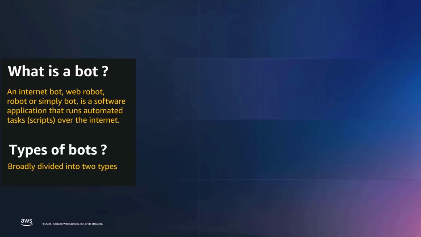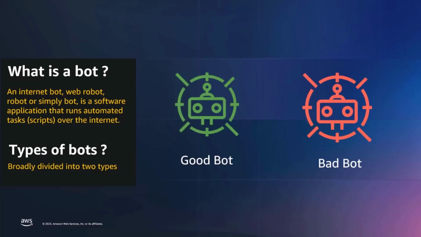There are different types of bots, and they are broadly categorized into two types: good bots and bad bots. Let's talk about good bots first. These bots are your search engine crawlers, website health checking monitors, and vulnerability scanners to understand your application.